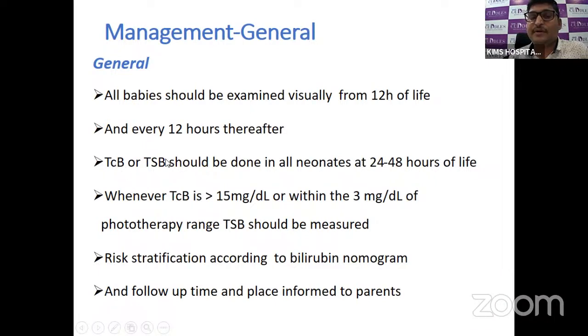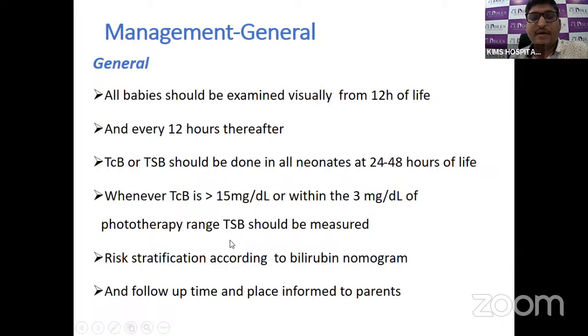Transcutaneous bilirubin or total serum bilirubin should be done in all neonates at 24 to 48 hours of life or at least before discharge. Whenever the transcutaneous bilirubin is more than 15 milligram per deciliter or within 3 milligram per deciliter of the phototherapy range, total serum bilirubin should be measured.